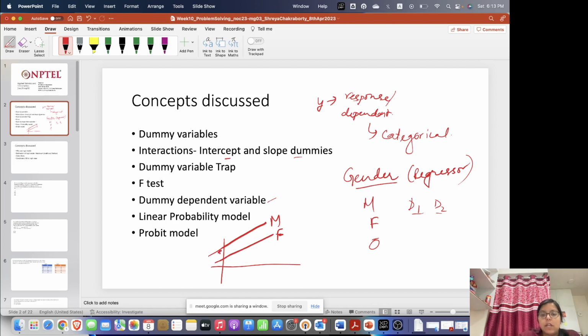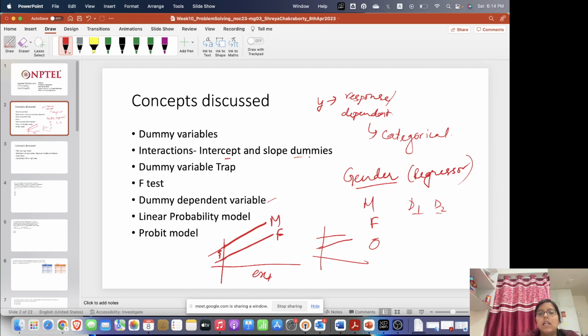Then initial wage could differ between male and female, but based on experience the increment could remain the same, or it could be differential. So the intercept is different but the slope is the same, or both the slope coefficient and intercept coefficient differ with respect to different categories. Those kinds of things were modeled using intercept and slope dummies.